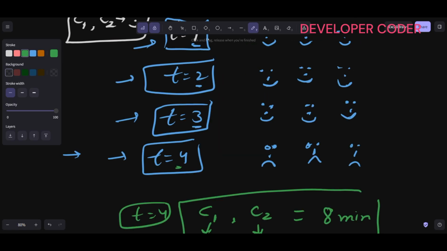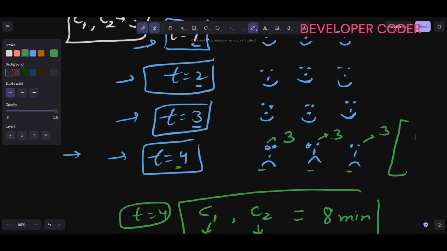But here, if you see, all are unhappy. Okay, you guys are unhappy, but tell me why. He is going to say that he can charge only for 3 minutes. Okay, you guys can charge for 3 minutes each. So tell me now how much charging you can do in total.